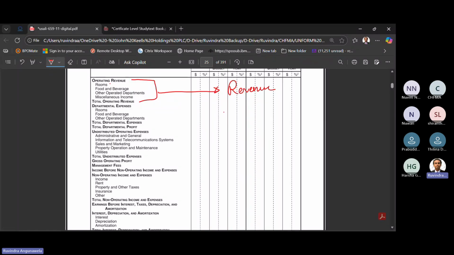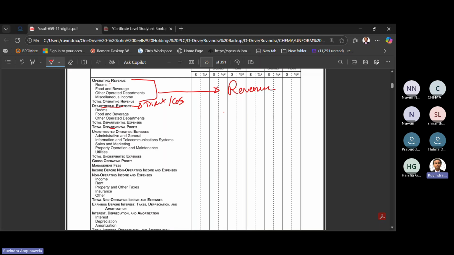So in the USALI, it's referred to as departmental expenses. So this is basically the direct expenses or the cost of sales. So what are these expenses?